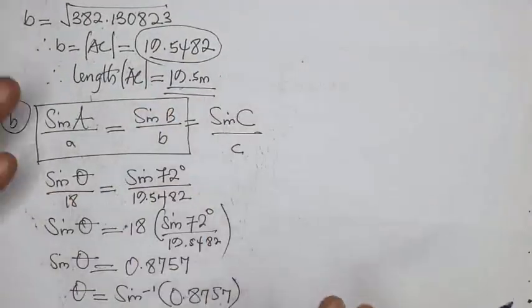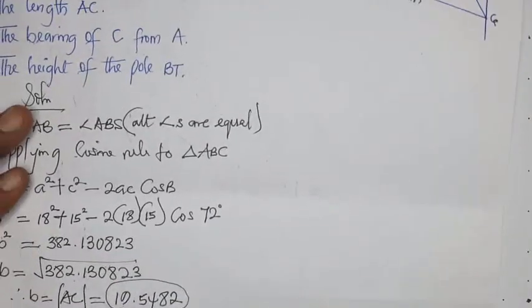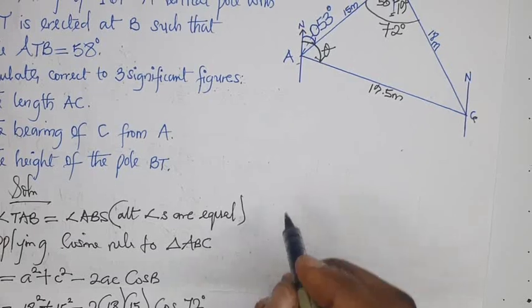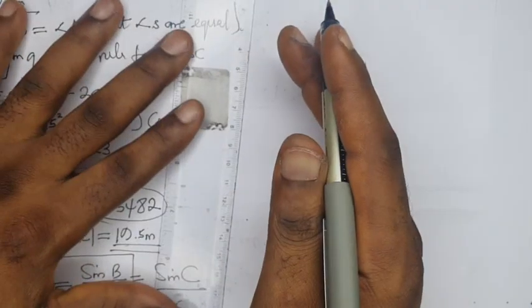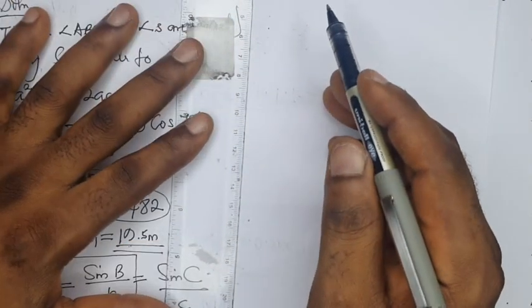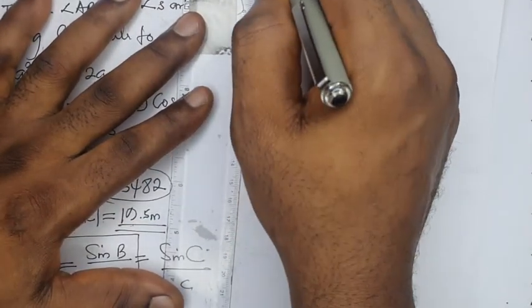So I'm going to come down here and make a short sentence on this side. Are you watching? So we simply say that for that purpose, the bearing of C from A, we'll then write down our answer. We'll show the calculation, okay?